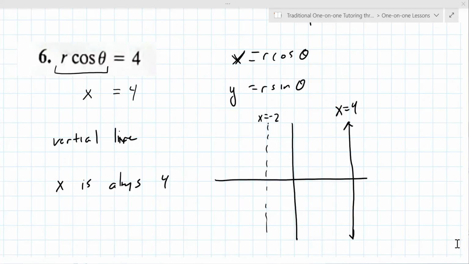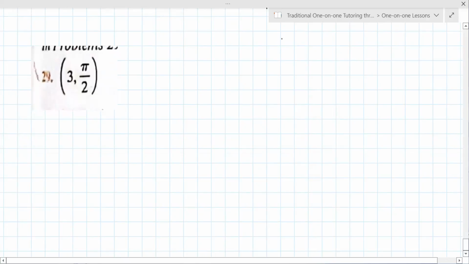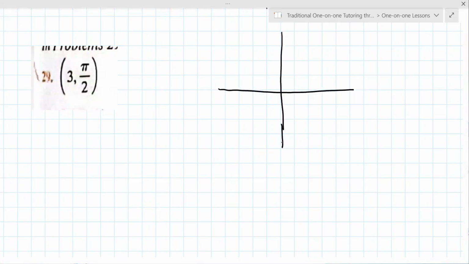Okay, so here's a polar point, 3 comma pi over 2. Could you tell me, or do it yourself, where this is first of all, and then we'll talk about what this actual problem is. Pi over 2 is the 0, 1, right?